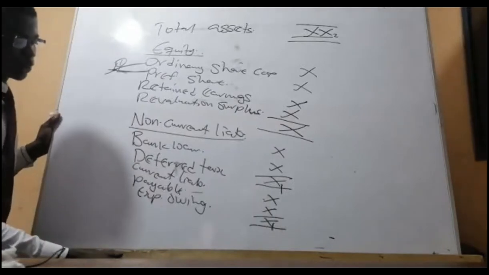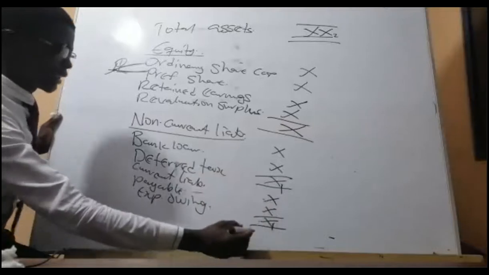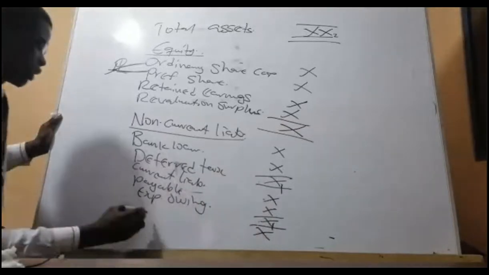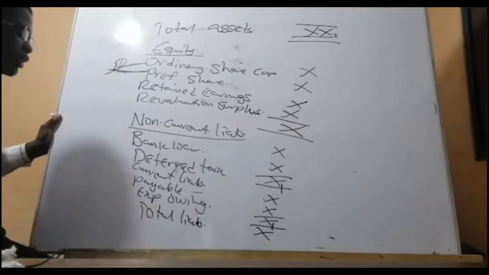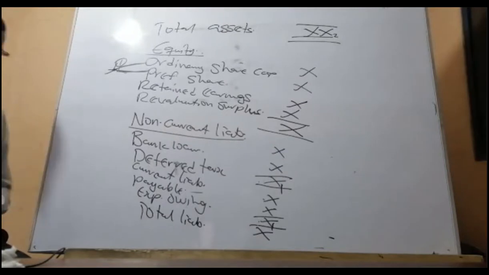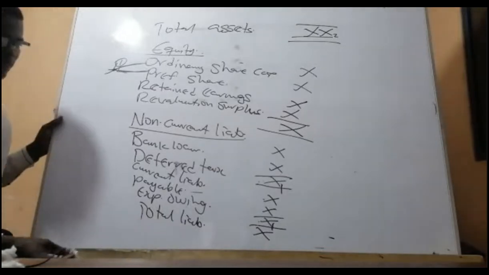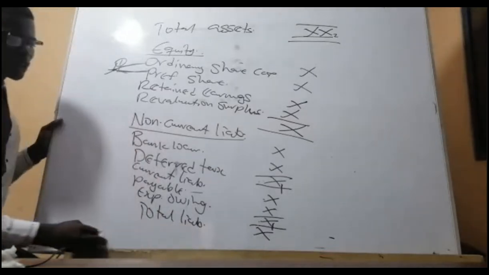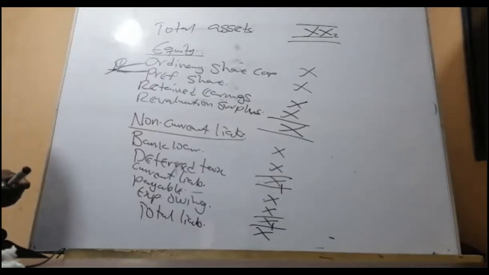So when you put the two together, that will give us the total liability. So therefore, what will be the total equity and liability? If you like, we can ignore the total liability. Then we will go straight and look out for total equity and liability.